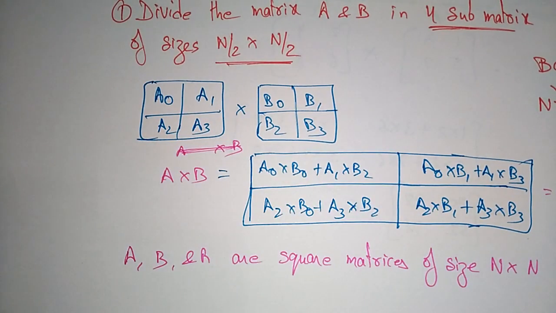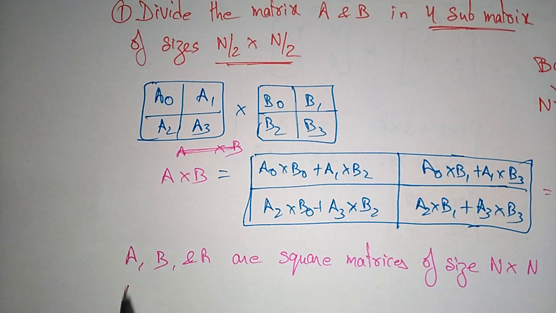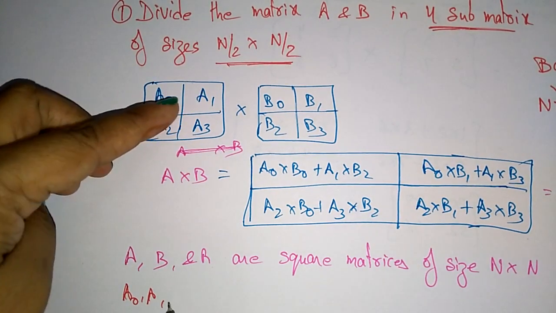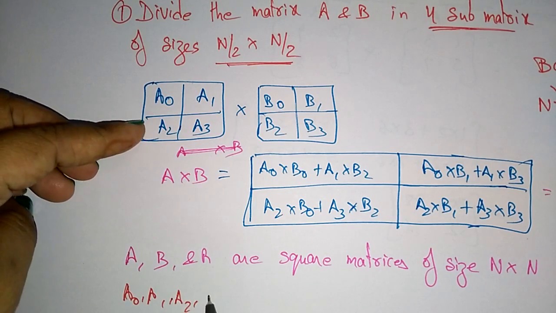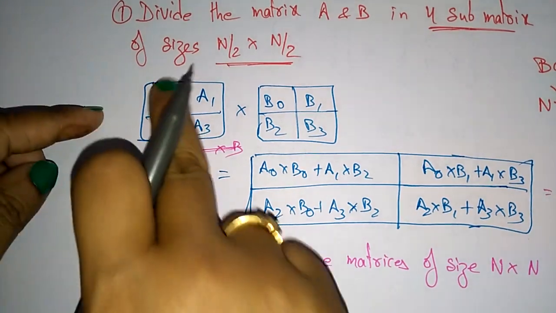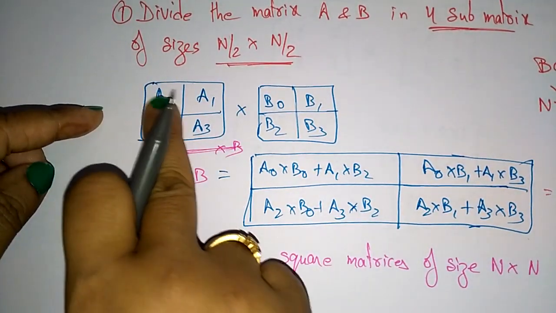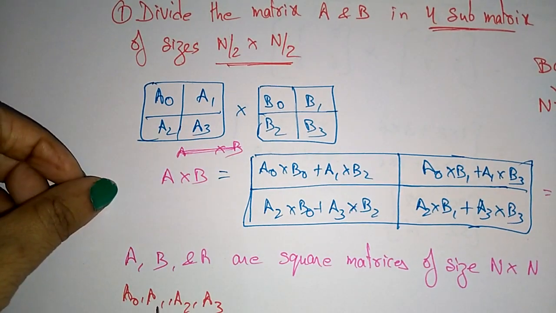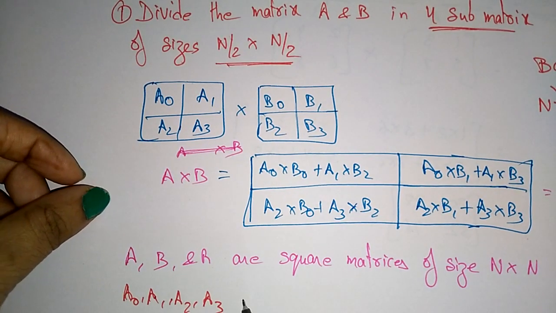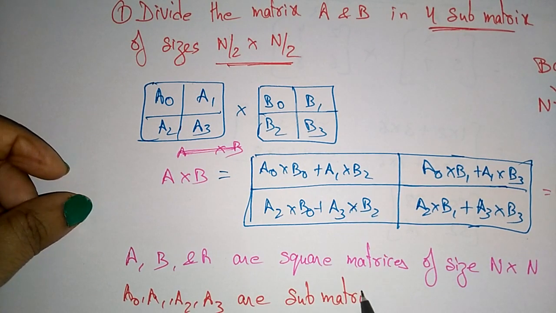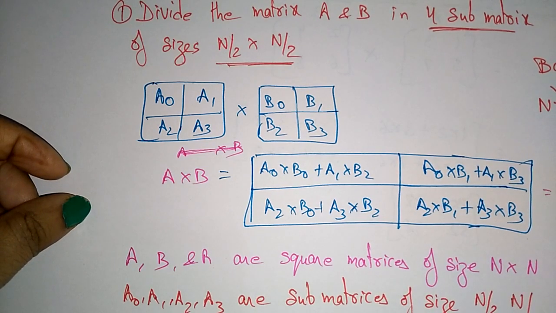Suppose you consider these elements A0, A1, A2 and A3. You can take the complete matrix as size n by n, but I am taking the 4 parts A0, A1, A2, A3 as sub-matrices. Then you call them sub-matrices of size n by 2.